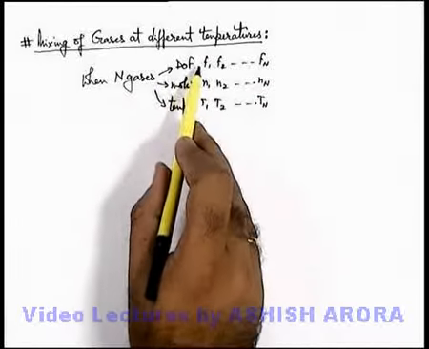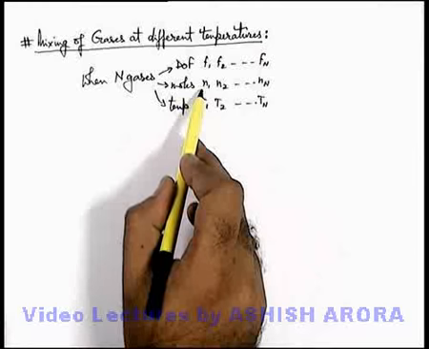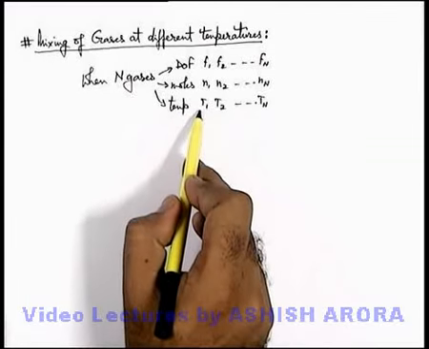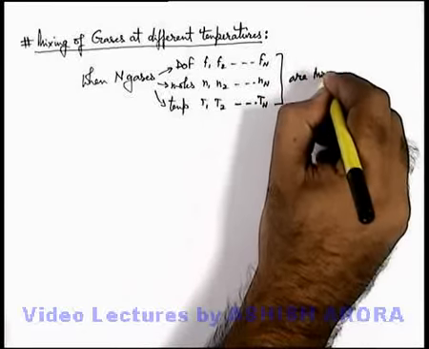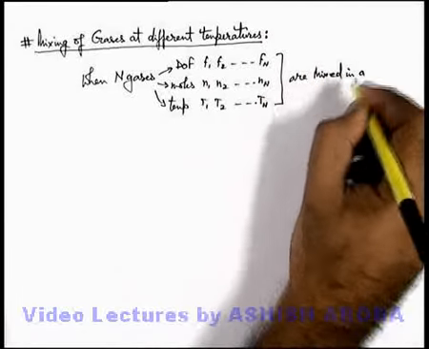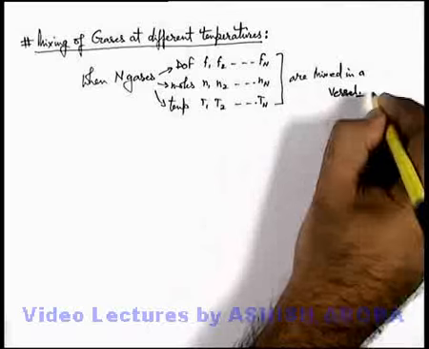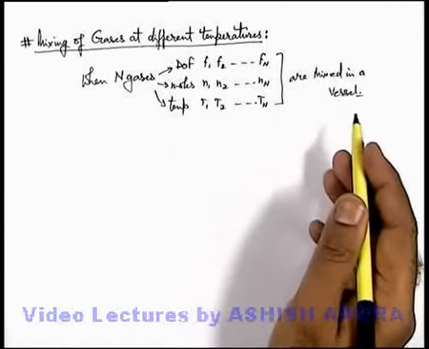Like first gas is having degrees of freedom F1, number of moles N1, and it is at temperature T1. Similarly, these n gases are mixed in a vessel.